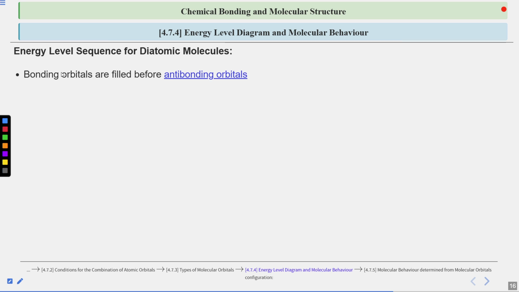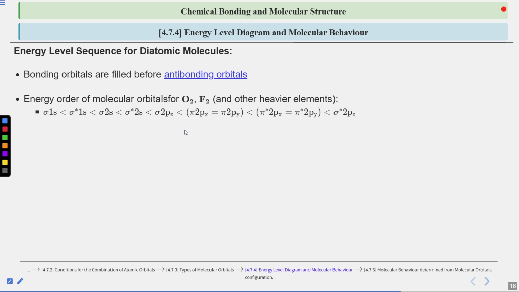Do not confuse this with the other part. Next, if I talk about the energy order of oxygen and fluorine, then it looks like this.